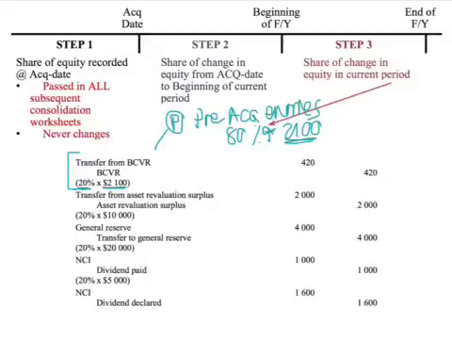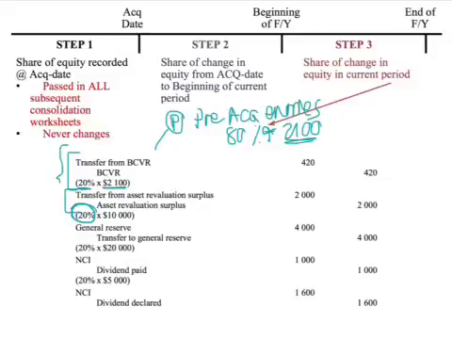The next entry relates to the asset revaluation surplus, the 10,000 that was transferred to retained earnings. So once again, this follows the same direction as the entry that we've passed for the parent company, but this is only the NCI's share of that asset revaluation.